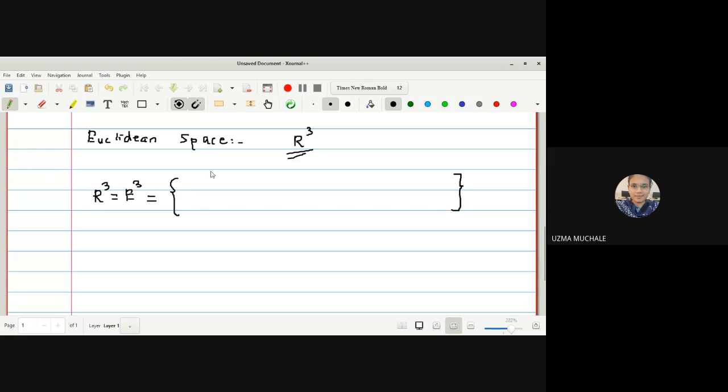Can you define it? How do you define R3? Okay, before that, does everyone know what R3 space is? Three-dimensional space. Okay.